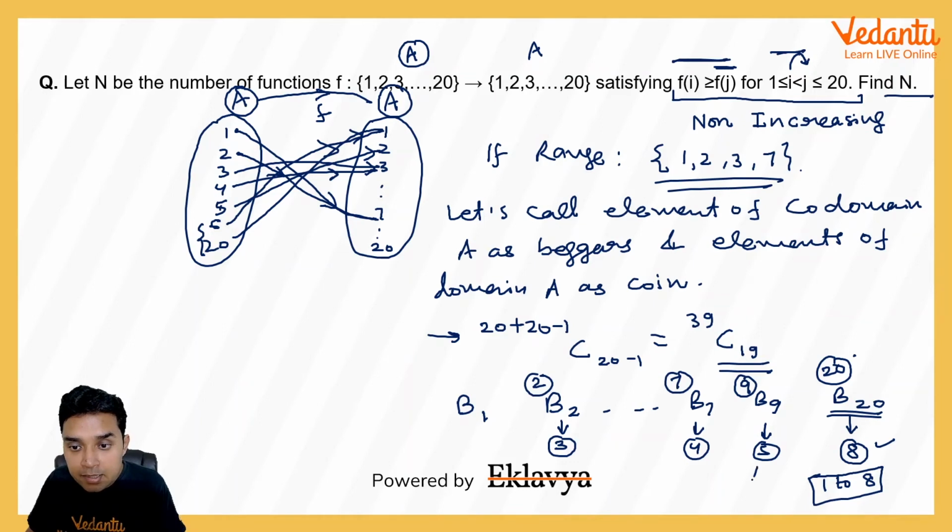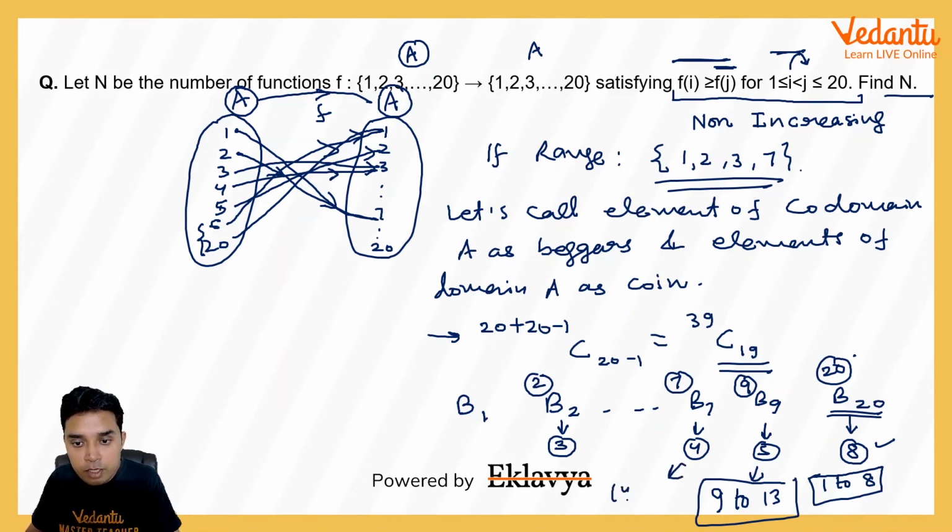Then these 5 elements for this element number 9 have to be 9 to 13: 9, 10, 11, 12, 13. Yes, 5 elements. Similarly these 4 elements have to be 14 to 17, and these 3 elements have to be 18 to 20.